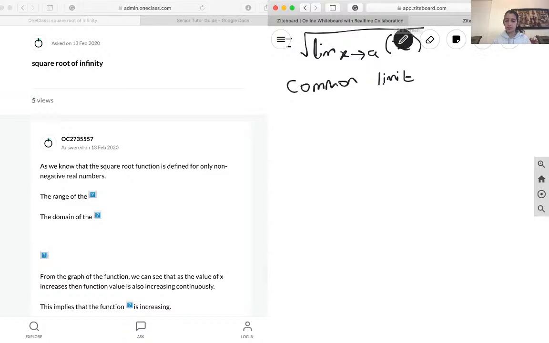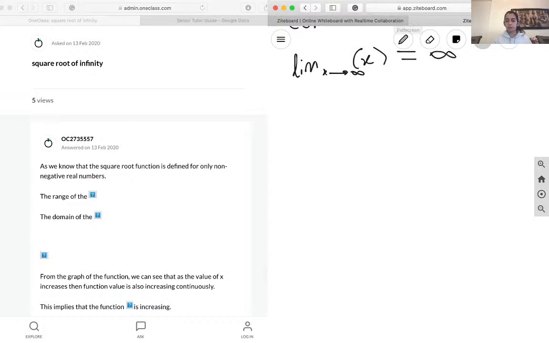Which basically just states that the limit of x as it approaches infinity of x is equal to infinity. Okay.